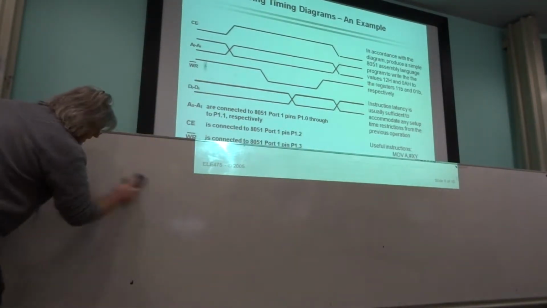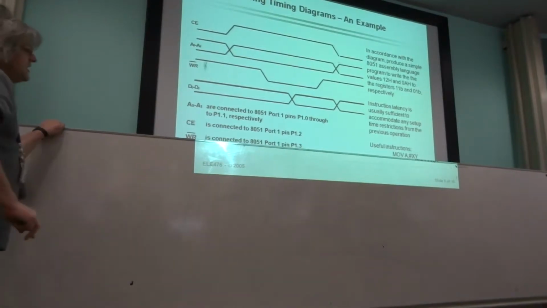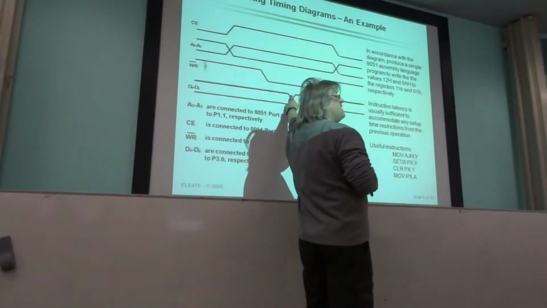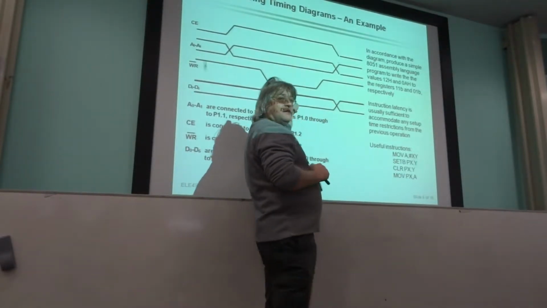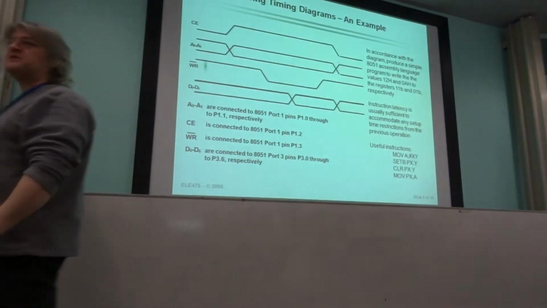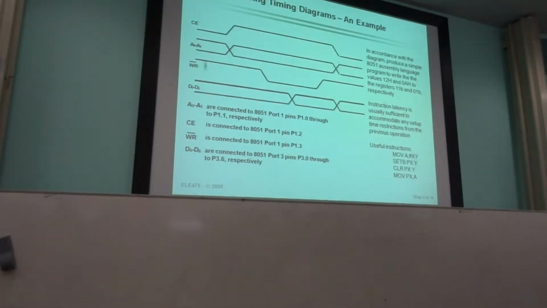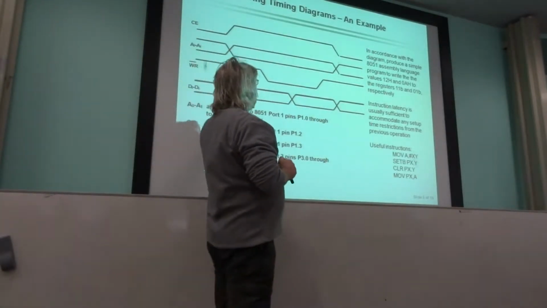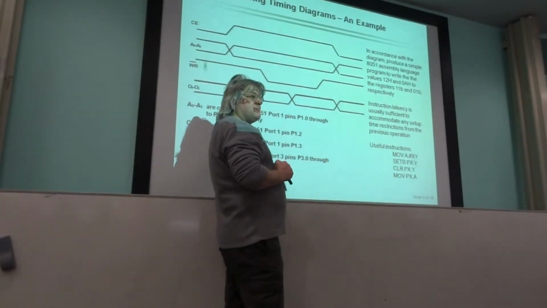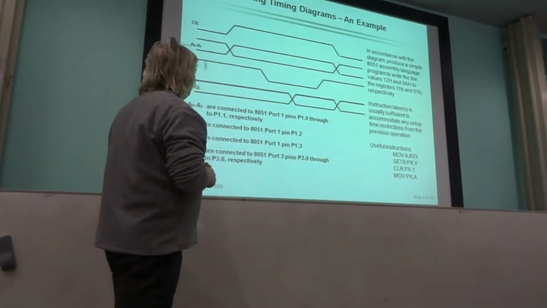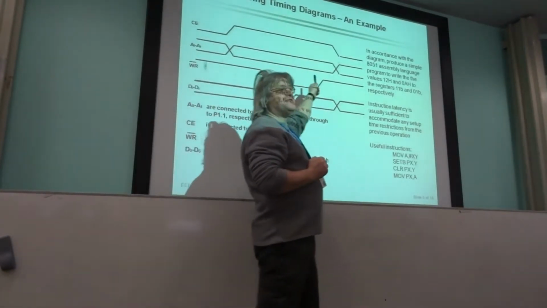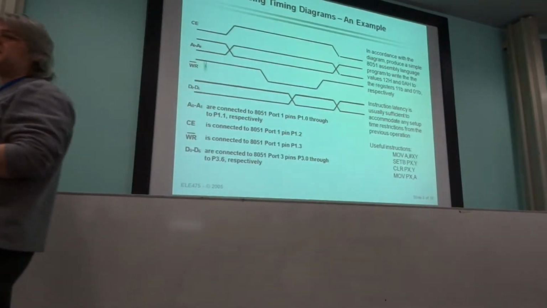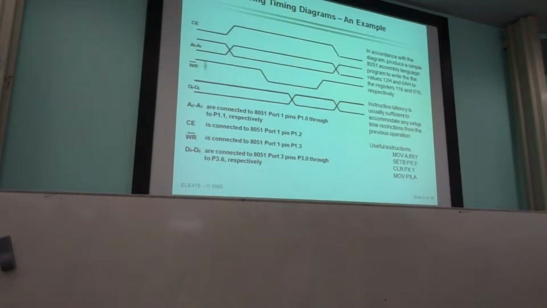Something like this comes up occasionally in exam questions, where you'll be given a timing diagram, such as this, which shows you the relationship between various signals, and then you're asked to write a piece of assembly language in order to perform some action. Now, in this particular timing diagram, there are no numerical values associated with it. So we're only using it to work out the appropriate sequence of actions that we need to take.